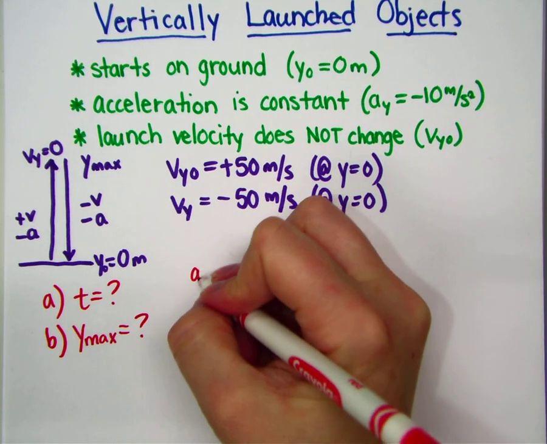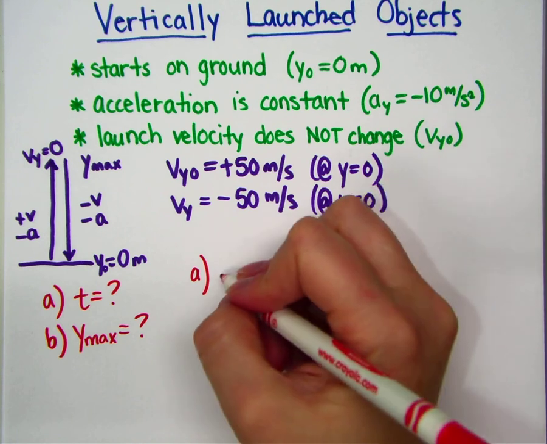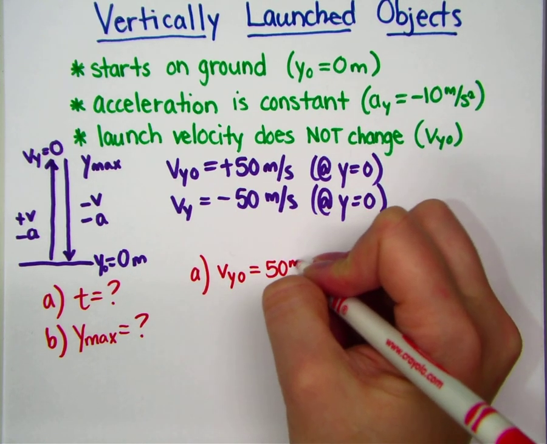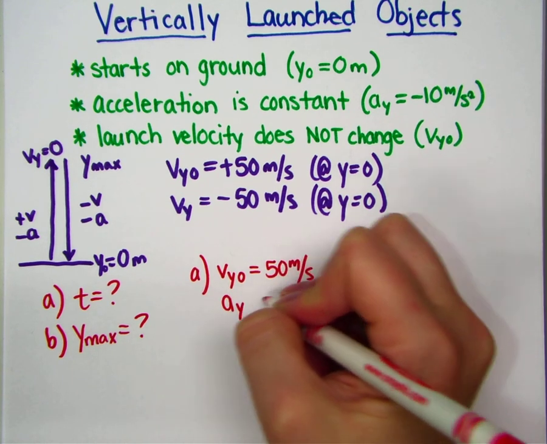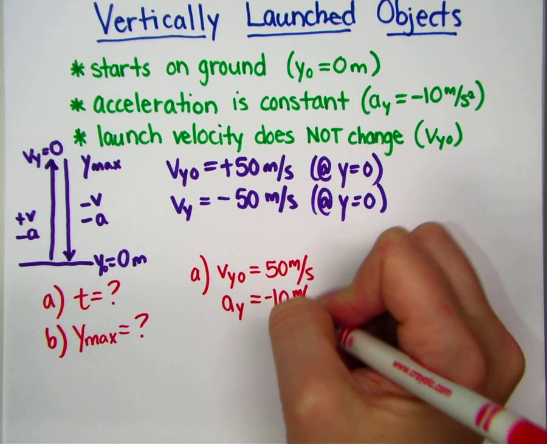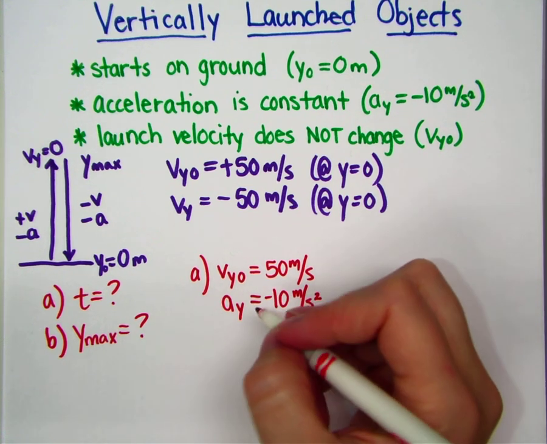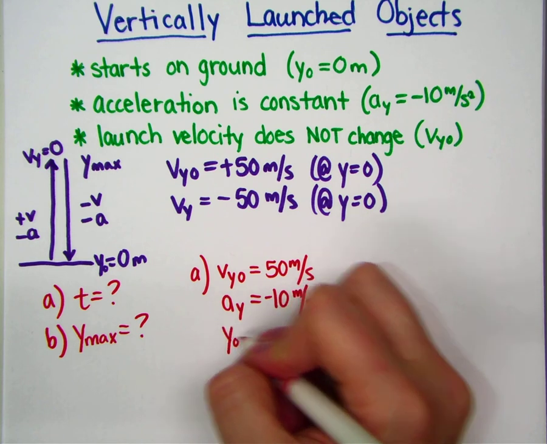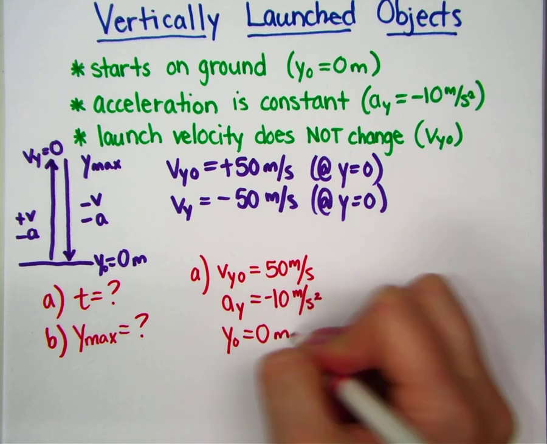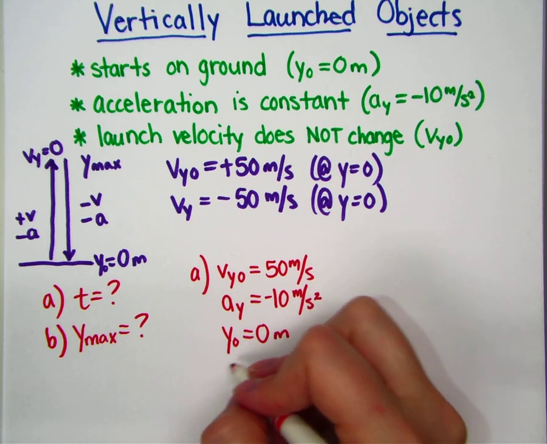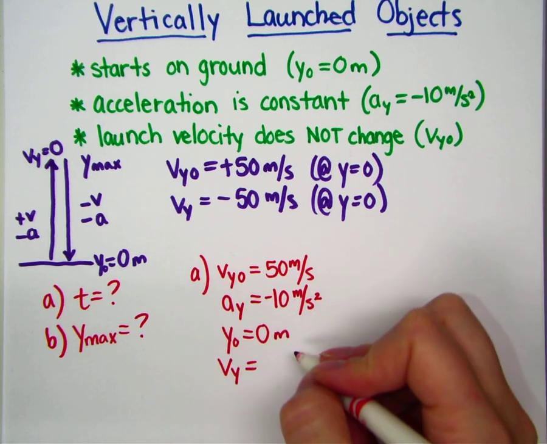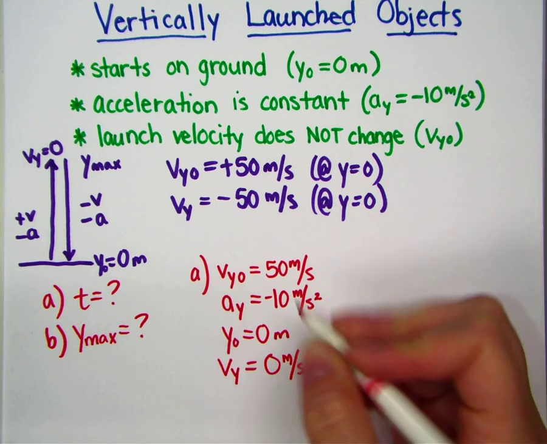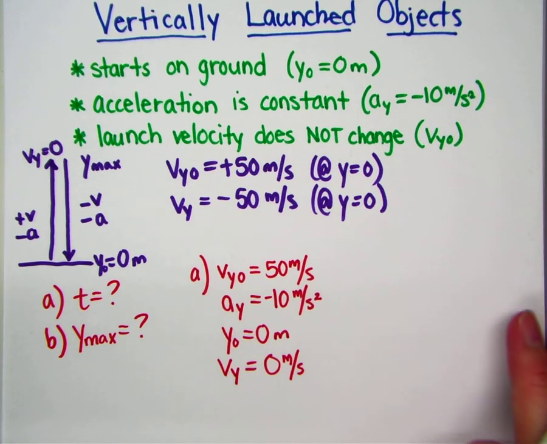Okay, in A, I know that I have an initial velocity of 50 meters per second. I know my acceleration is negative 10 meters per second squared. I also know my initial position is 0. And I also know that when I reach my maximum height, my velocity is going to be 0. Okay, remember we said once it reaches its maximum height, it stops.